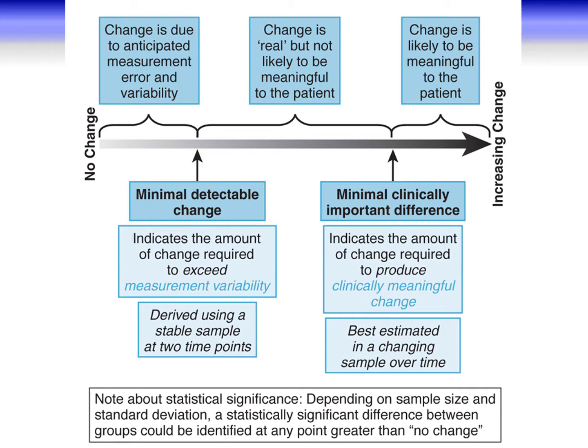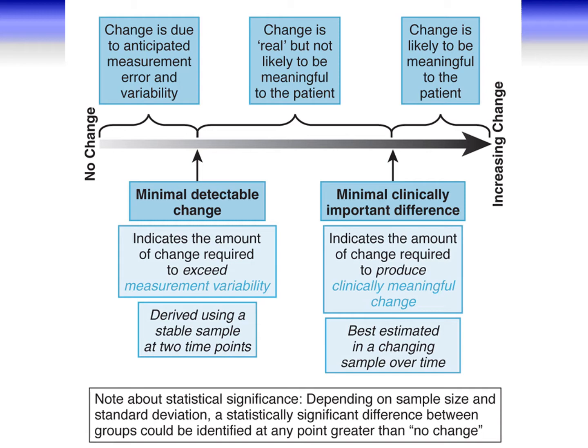And so the minimal detectable change really is the change where we begin to see measurement variability and error exceeded. There's also going to be a range in there where we're likely going to see change again, but it may not be meaningful to the patient. It may exceed measurement error and variability, but again, it won't be deemed as being important by the patient.